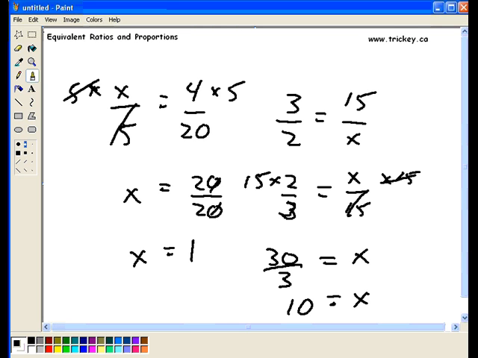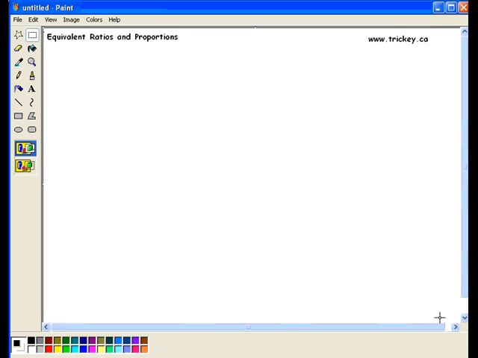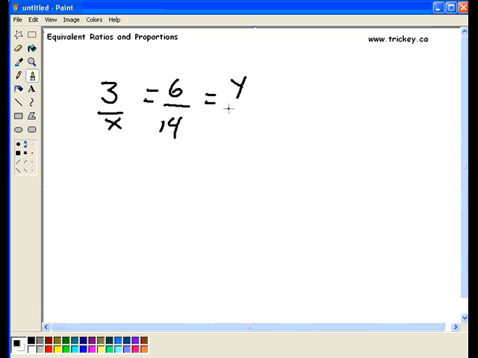Okay, let's do another one. What if I had 3 over x equals 6 over 14, which was also proportional to something, y over 28?